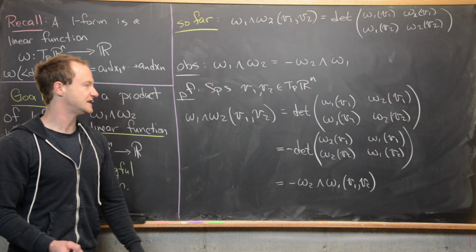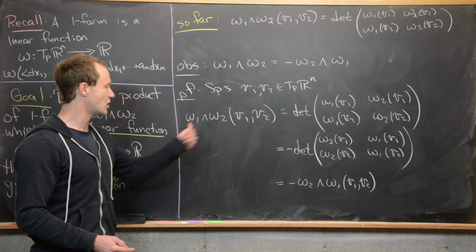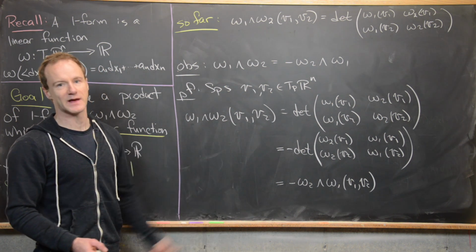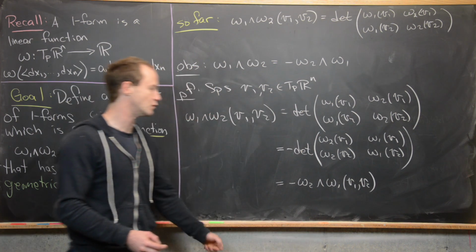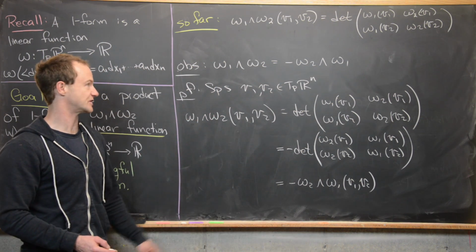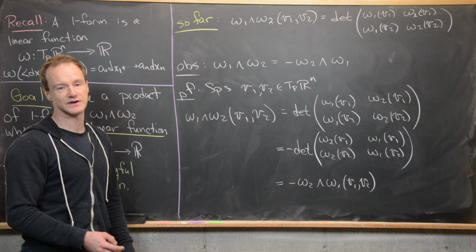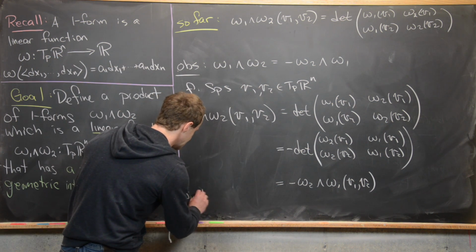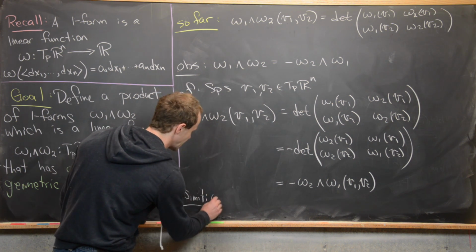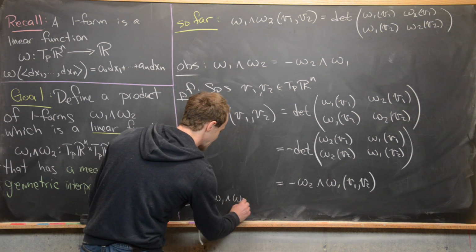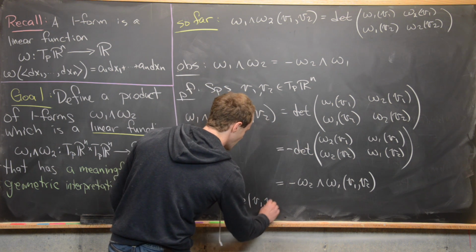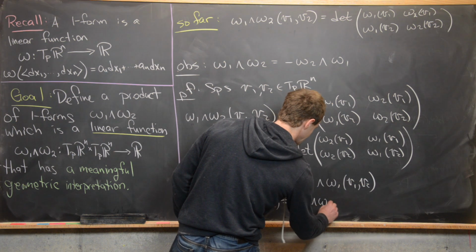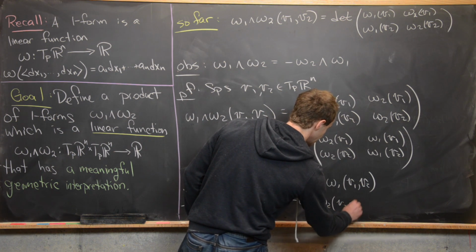And then since V1 and V2 were arbitrary, what we've shown is that omega 1 wedge omega 2 is equal to negative omega 2 wedge omega 1 as functions. So we have this anti-commutativity here. Okay, and then similarly, and I won't work out the details for this, we have omega 1 wedge omega 2 evaluated at V1, V2 is equal to negative omega 1 wedge omega 2 evaluated at V2, V1.